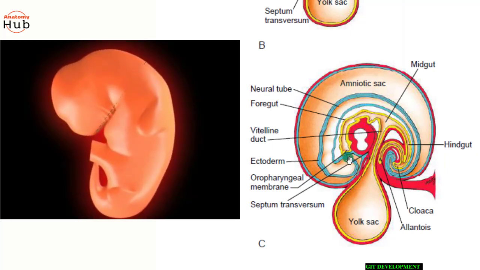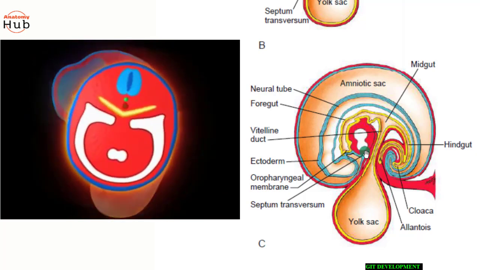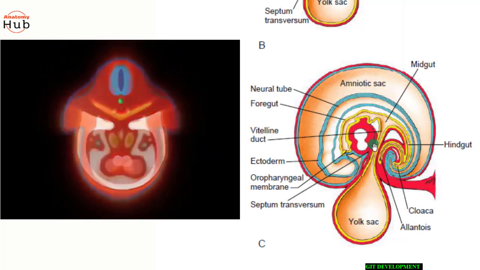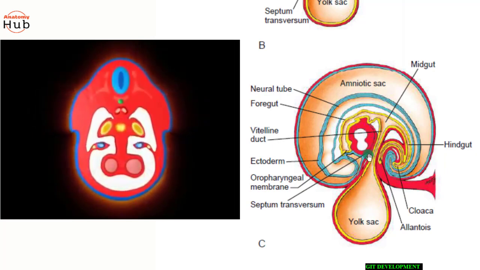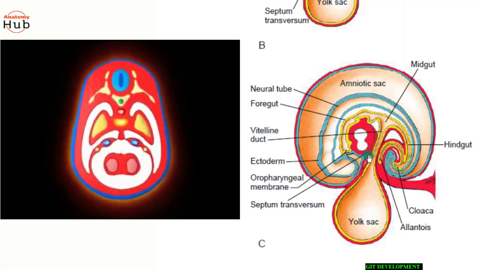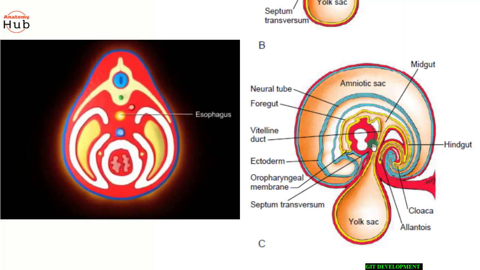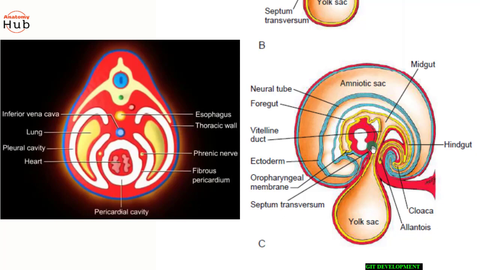Here, cranial to the cardiogenic area, a third important structure forms, that is the septum transversum. This structure appears on day 22 as a thickened bar of mesoderm. It lies just caudal to the cranial margin of the embryonic disc.